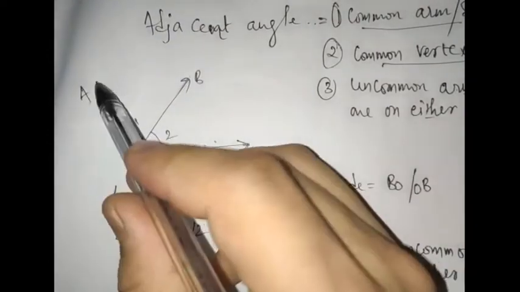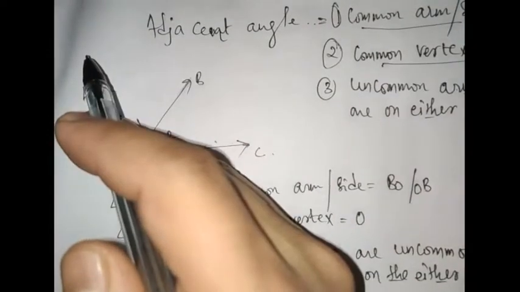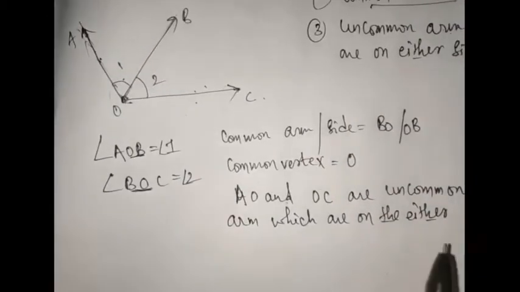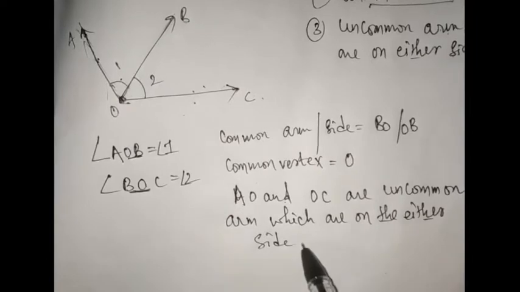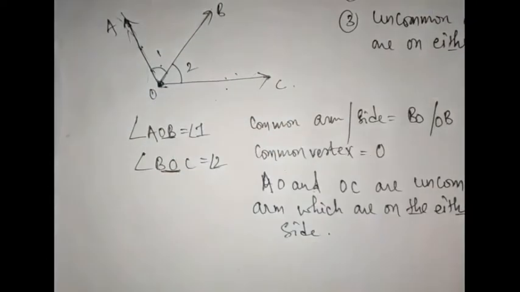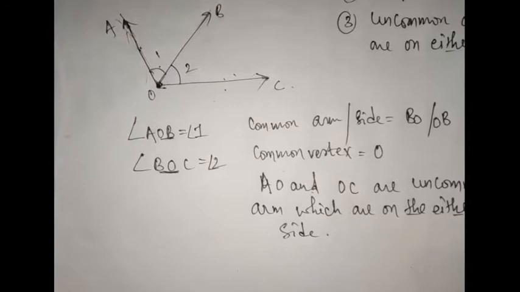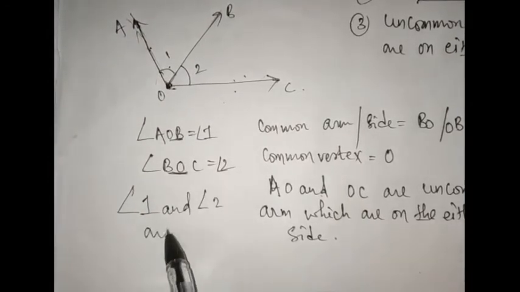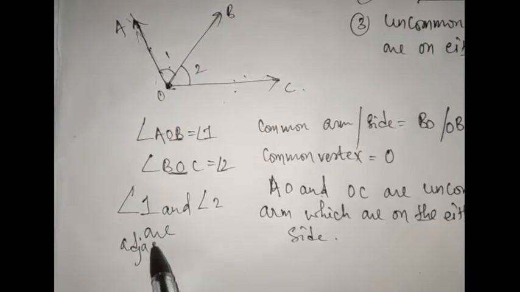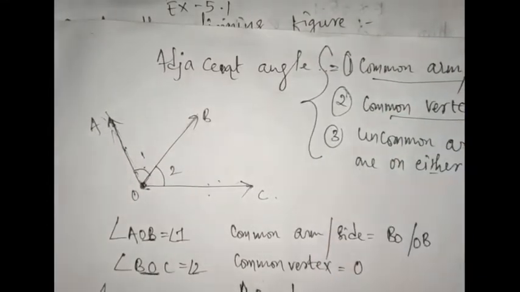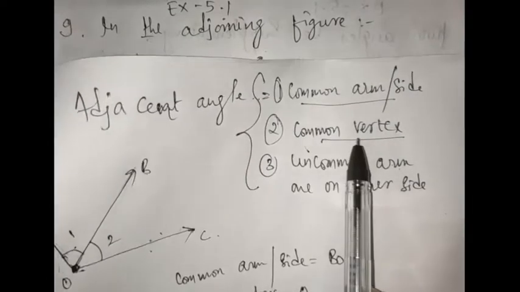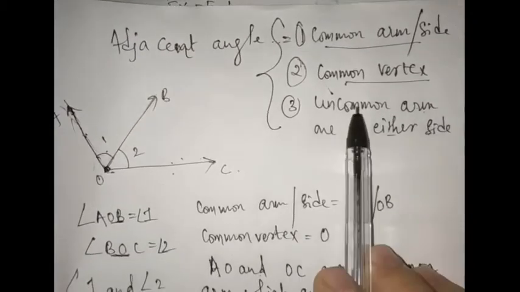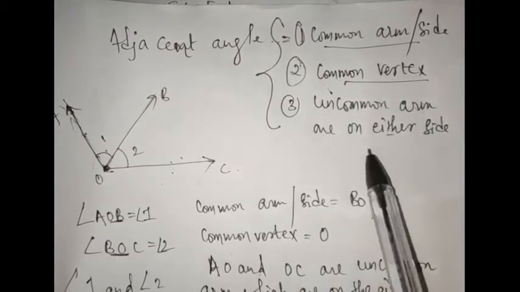They are not getting overlapped either. So angle 1 and angle 2 are adjacent angles, because they fulfill these 3 properties: common arm or side, common vertex, and uncommon arms on either side.